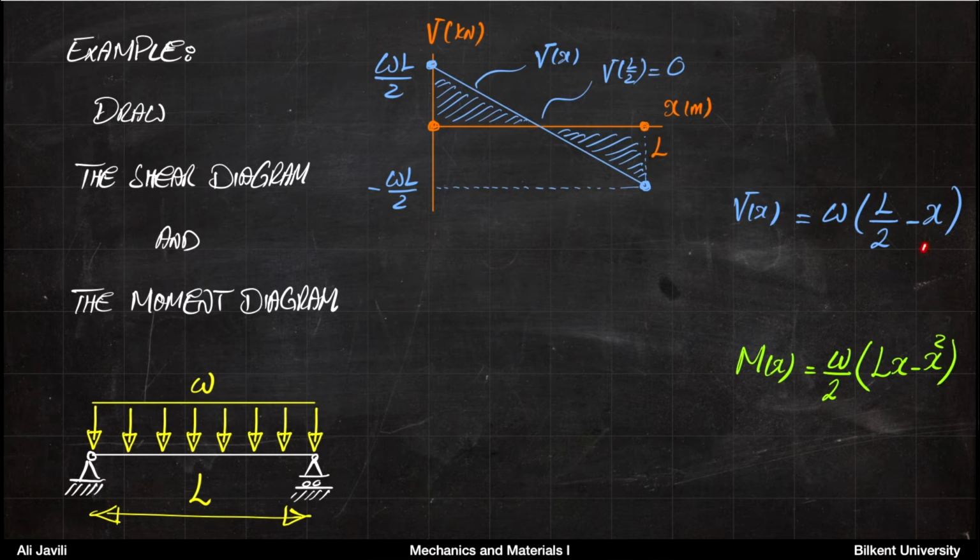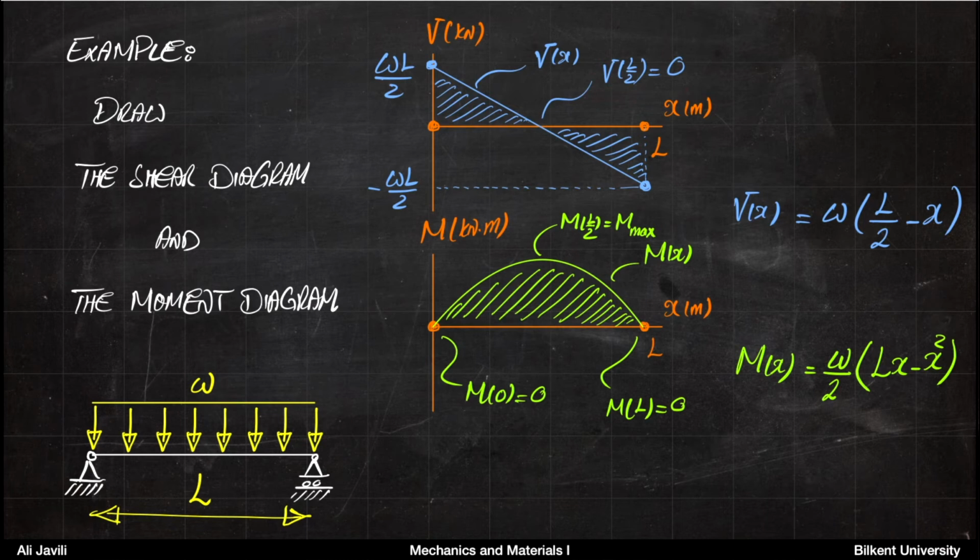And if you set x equals L, you get WL over 2 with a minus sign, which basically is the minus reaction on the right. And then again, the shear force distribution tells you that the shear force in the center at L over 2 is 0.